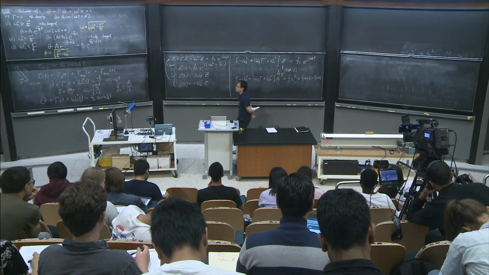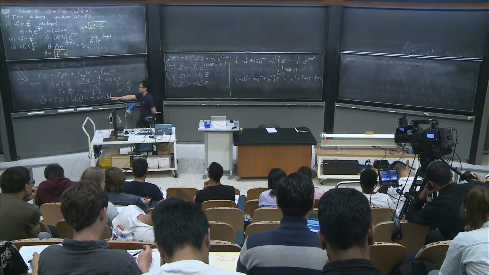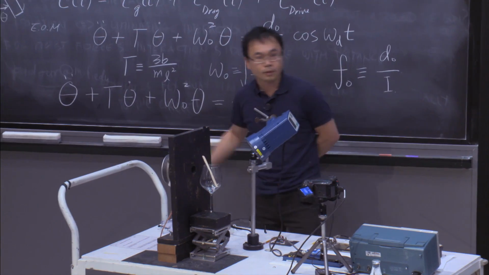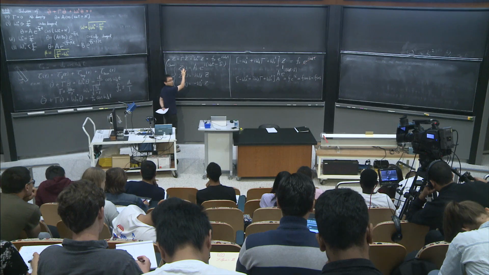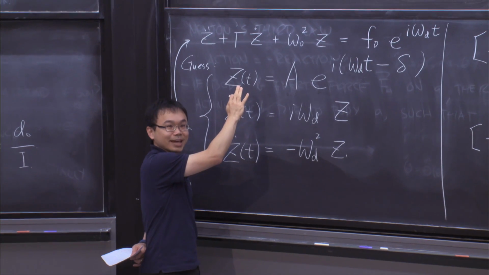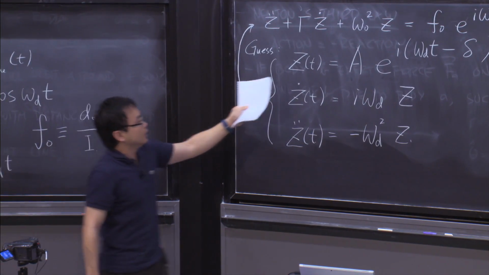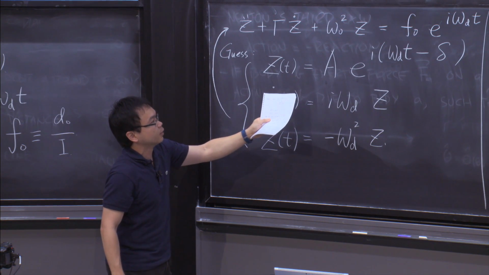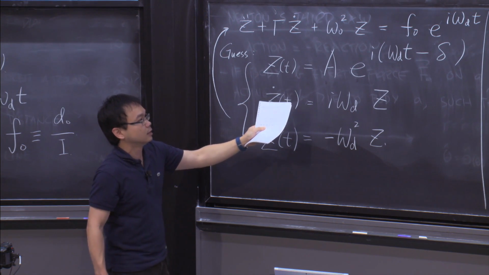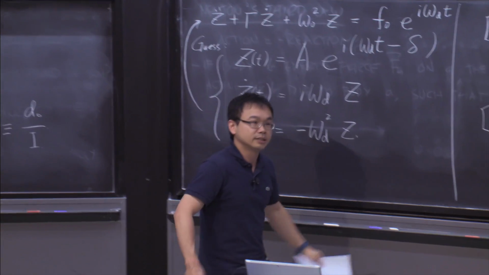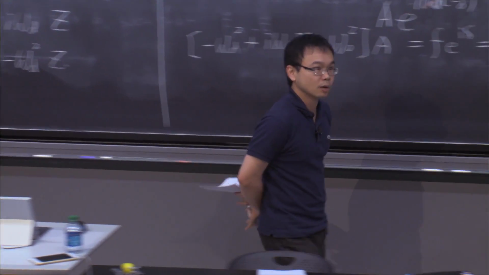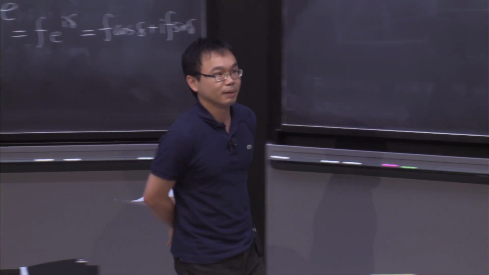Okay, so look at what I have been doing. I have this equation of motion. As usual, I go to complex notation. Then I guess z equal to A exponential i(ω_d t − δ), because my friends from the math department already solved this, and I'm just following it.